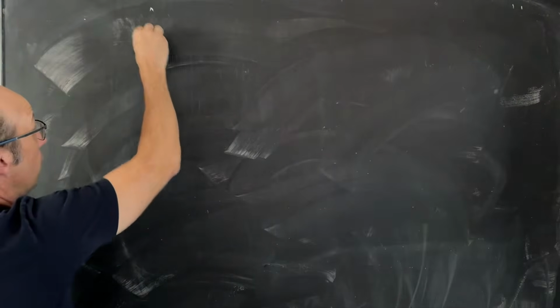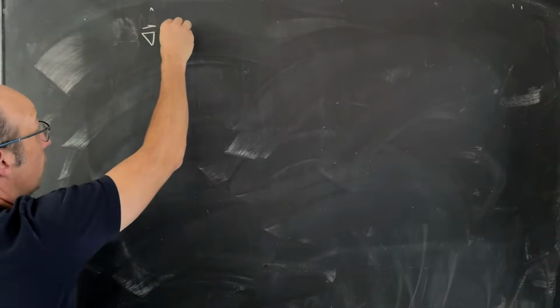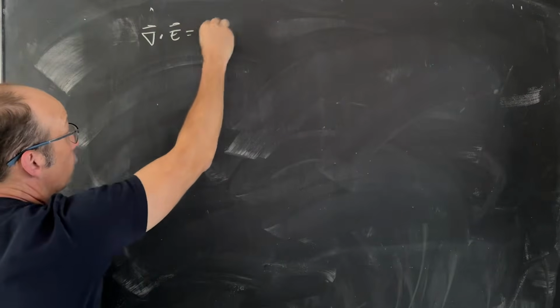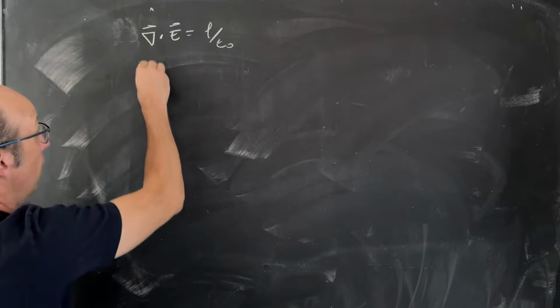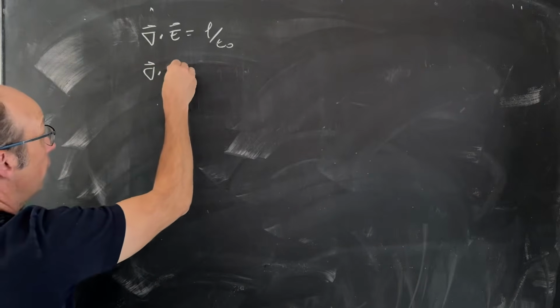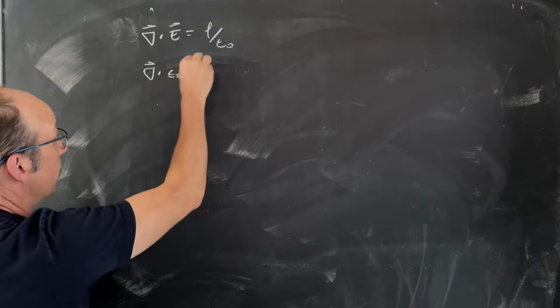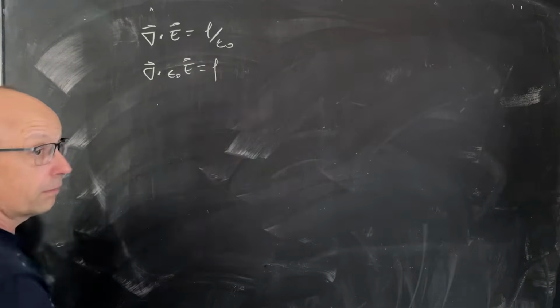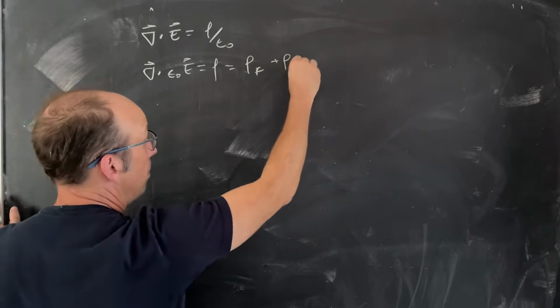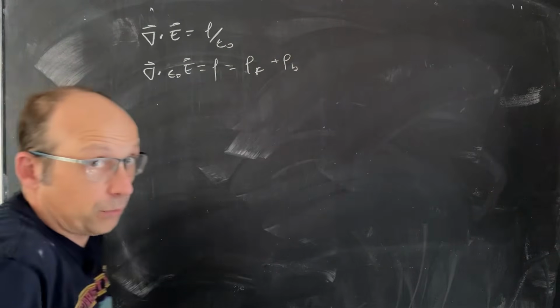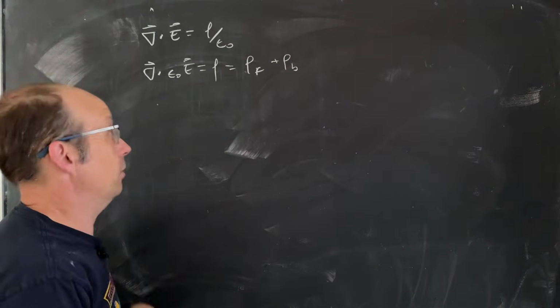Remember that we have Gauss's law in differential form looks like this. Del dot E is rho over epsilon naught. Well, I can write that as the divergence of epsilon naught E equals rho. Now I'm going to write that as rho free plus rho bound, right? Because we already said we can write the charges as free charges and bound charges.